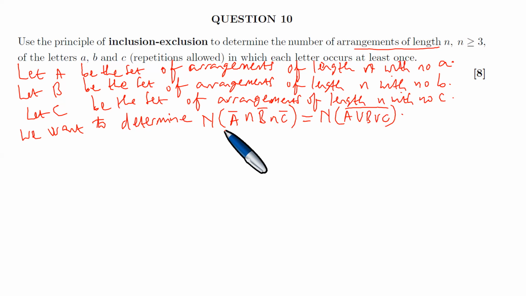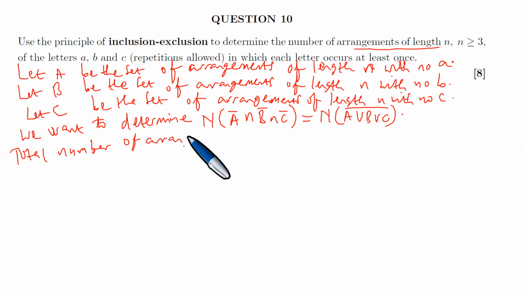But what is the total number of the arrangements? Total number of arrangements. There are 3 letters here, so it's 3 to the power n: 3 by 3 by 3 by 3 by 3.